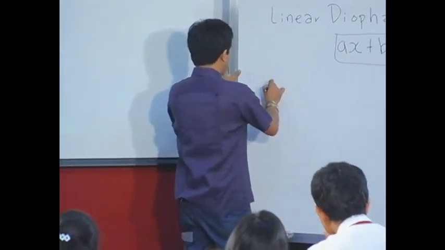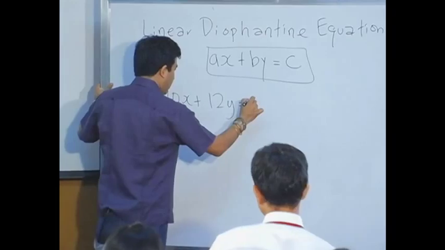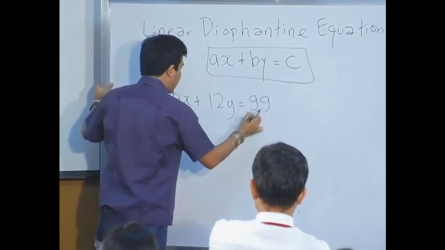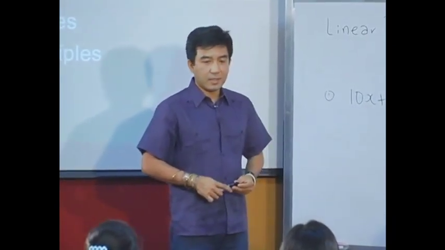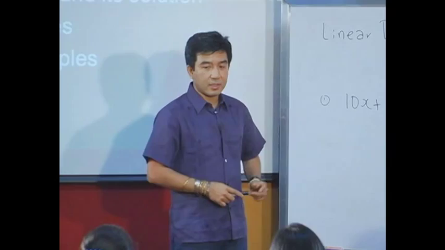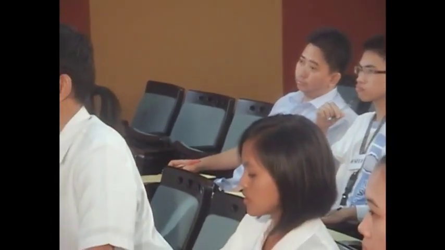For example, 10x plus 12y is equal to 99. This is a linear Diophantine equation. Do you think there is a solution? No, there's no solution.